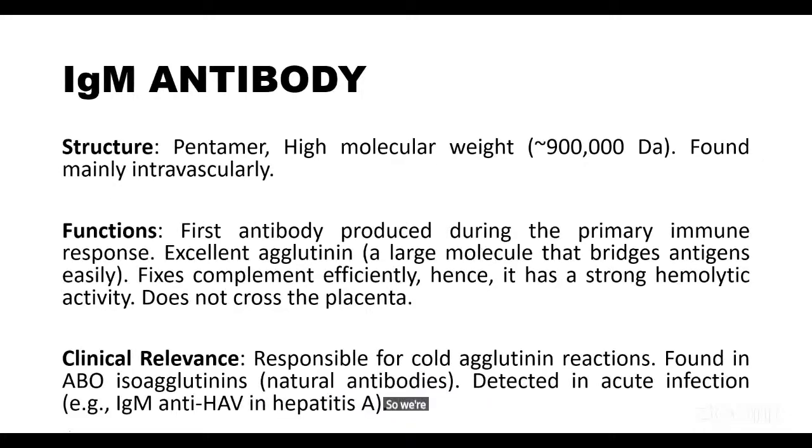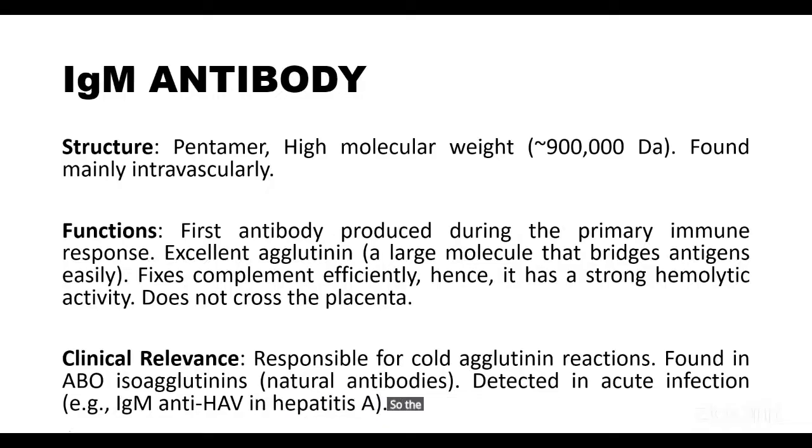Next slide. So we're going to go to IgM, which is one of the most important immunoglobulins in the body. It's a pentamer. What they mean by pentamer is that it contains 5 molecules, and the 5 molecules are joined together by what is called a J chain. It has a very high molecular weight, that is, it's very heavy, so it does not have the ability to cross the placenta.